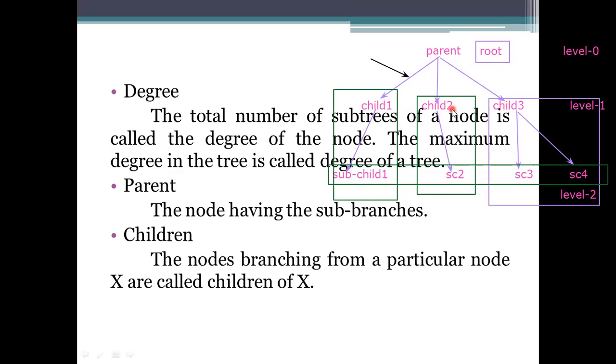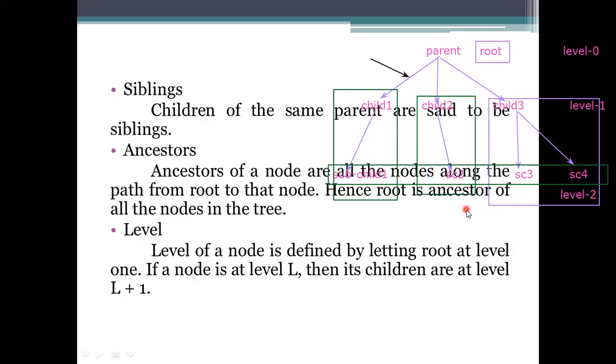Child 2 has the siblings child 1 and child 3. And the siblings of child 3 are child 1 and child 2, because they have been derived from a single parent.